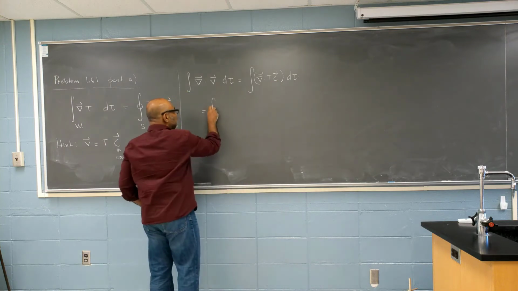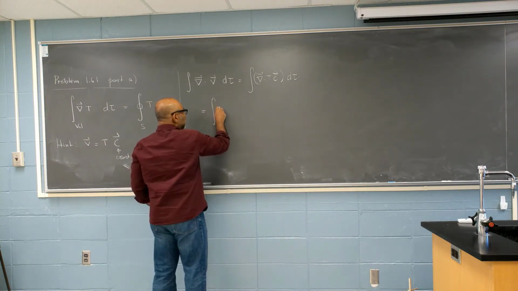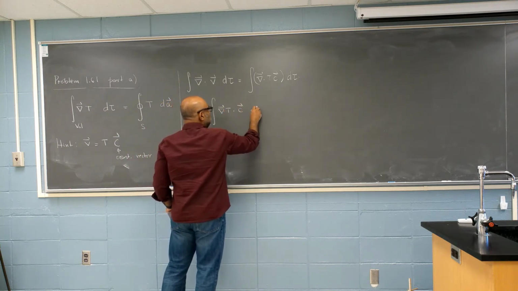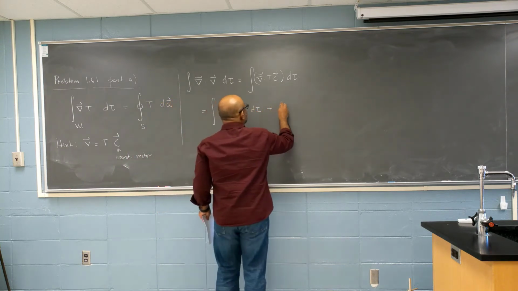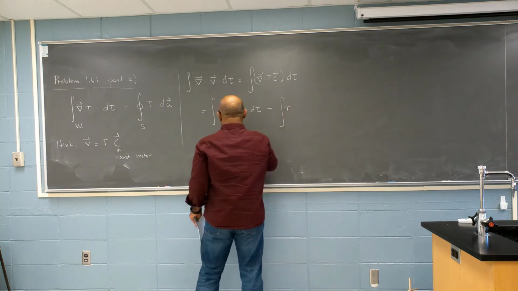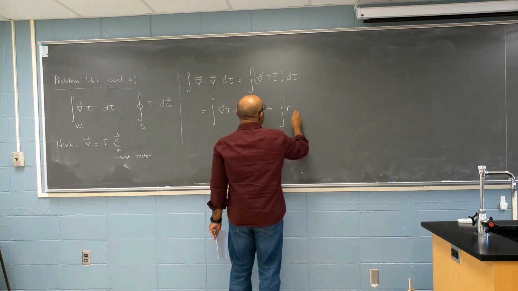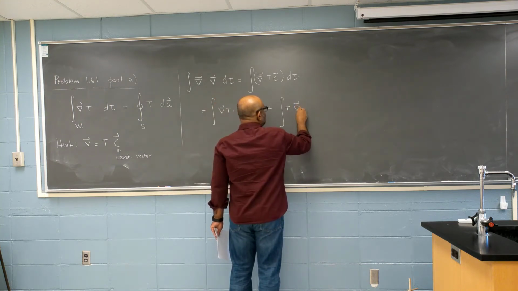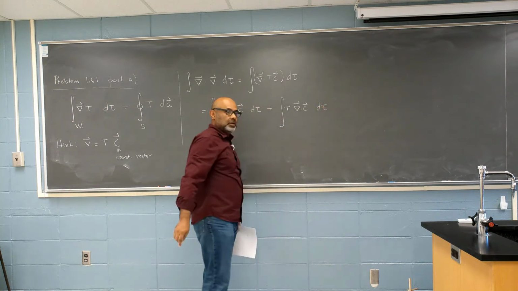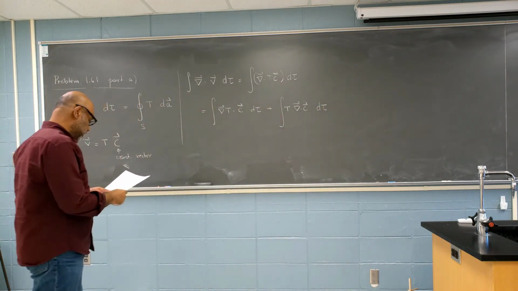You know from the inside cover, this is gradient of T dot C d tau plus T times, again, this is all a volume integral, T times divergence of C. I think if I'm wrong, you're on your own.